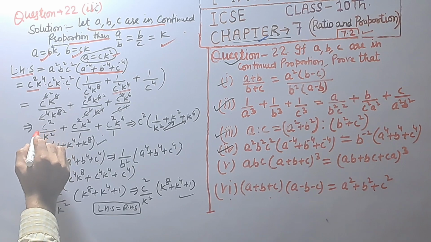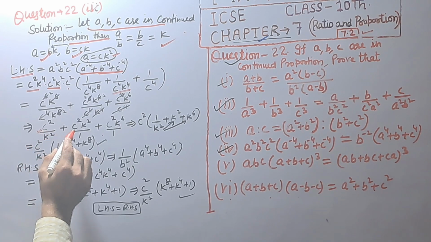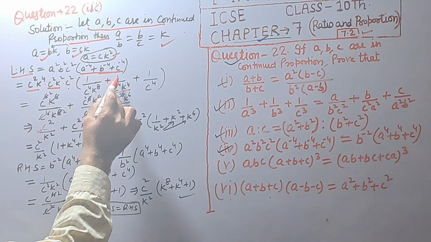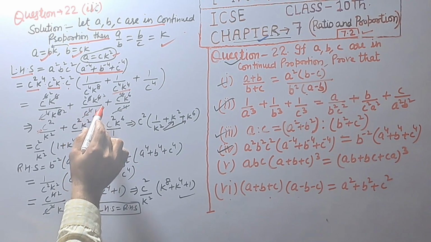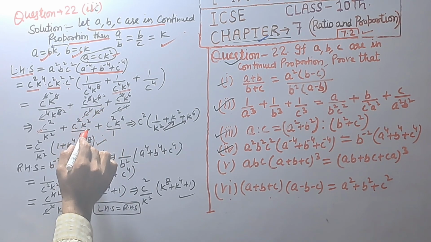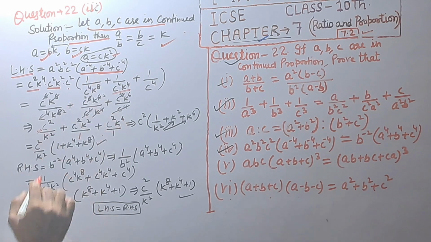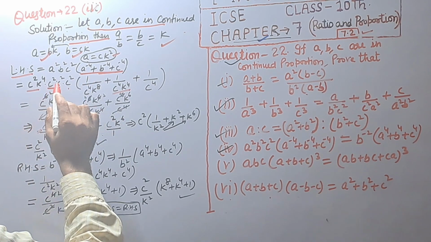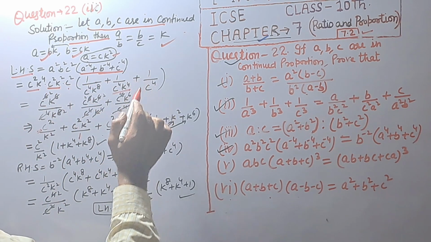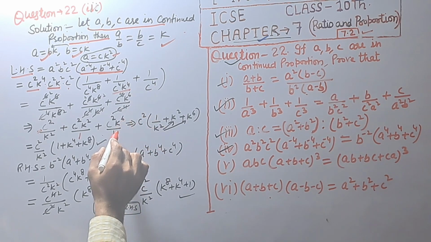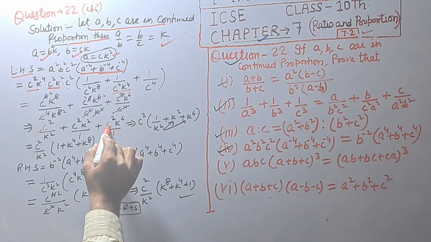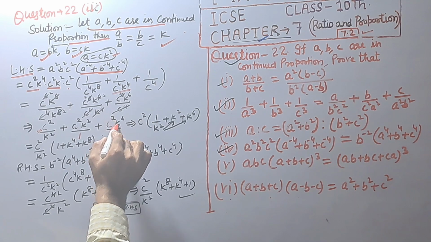Then we get c raised to power 2 upon k raised to power 2, and we are multiplying this by second number and divided by c4 into k4, then we get c square k square upon 1. And similarly c raised to power 6 k raised to power 6 multiplying 1 and divided by c raised to power 4, then we get c raised to power 2 k raised to power 6.